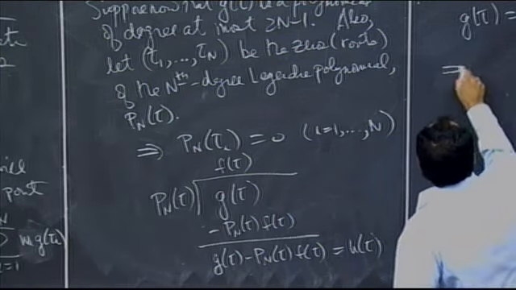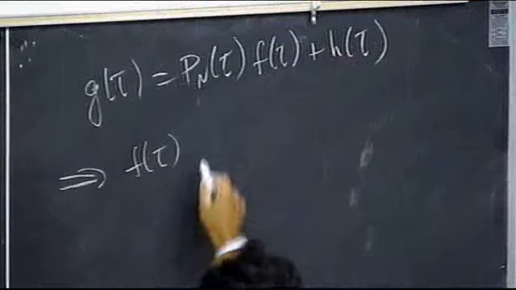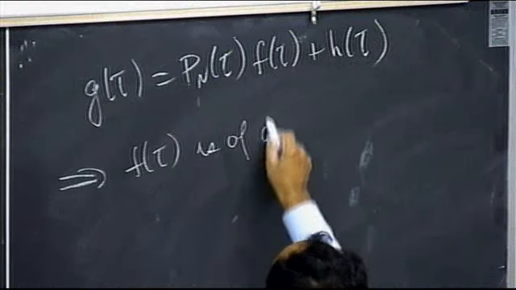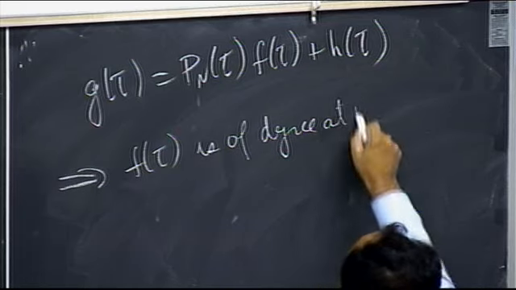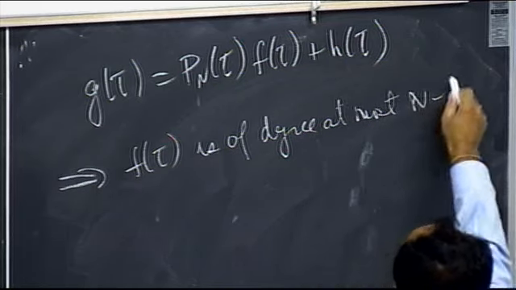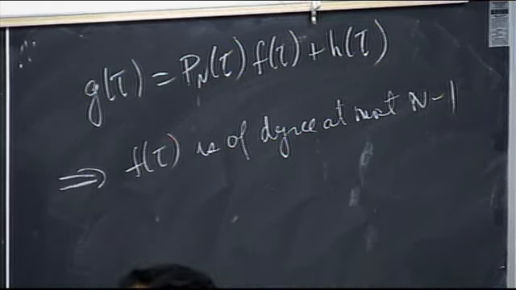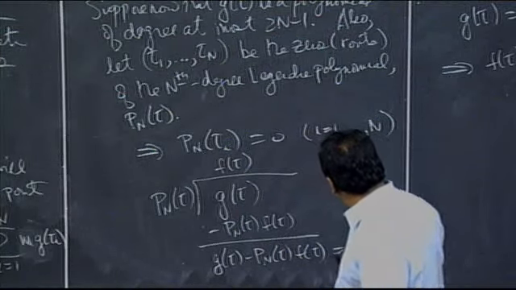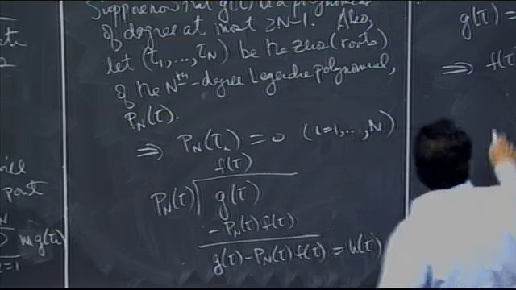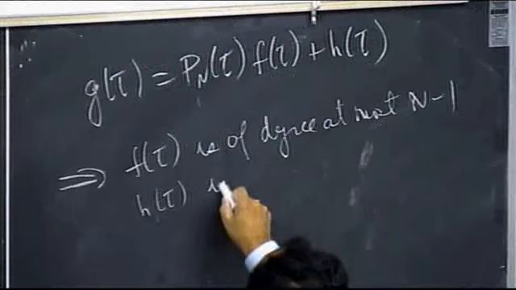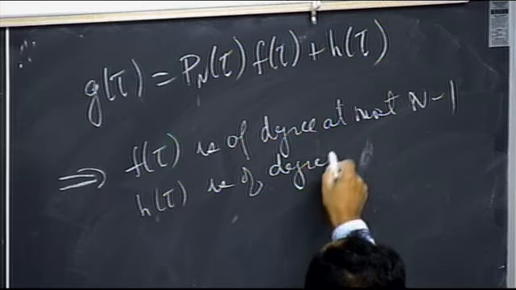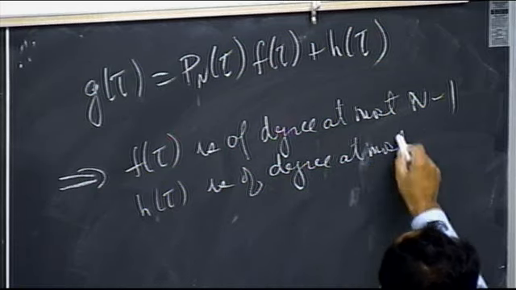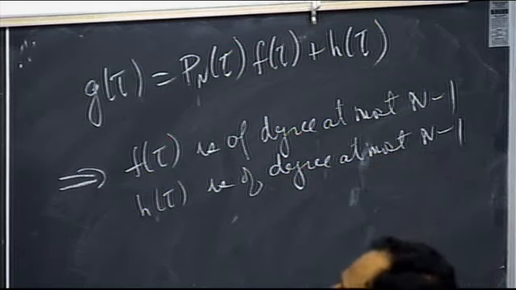So this implies that f of tau is of degree at most n minus 1. But if you look at the result here, you'll also see that when I do this subtraction, this h of tau, which is the remainder, also has to be of degree at most n minus 1. So both of these things have to be of degree at most n minus 1.